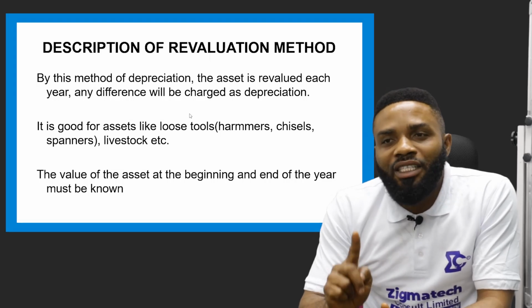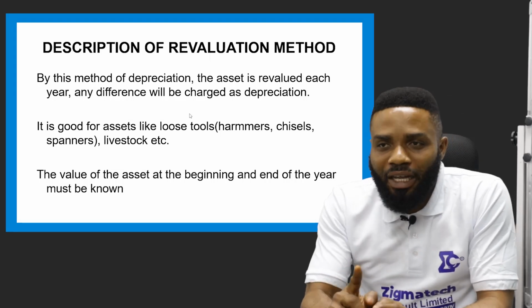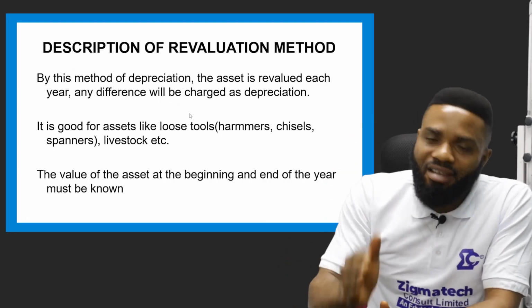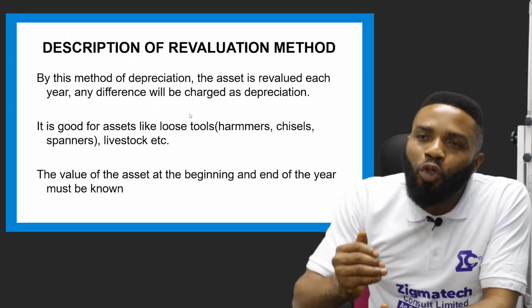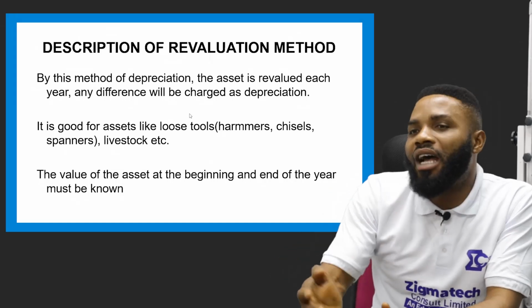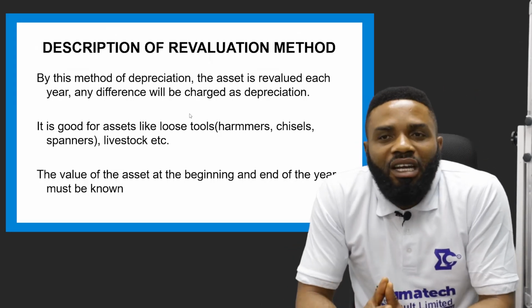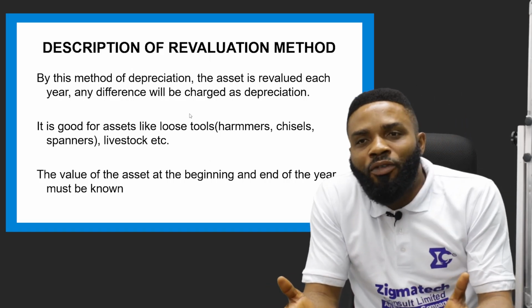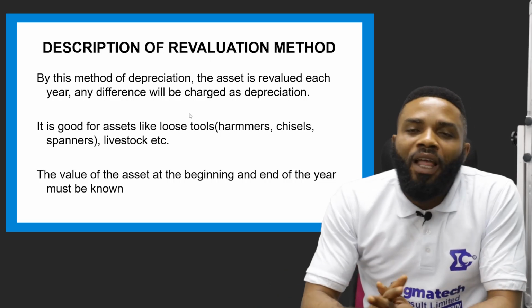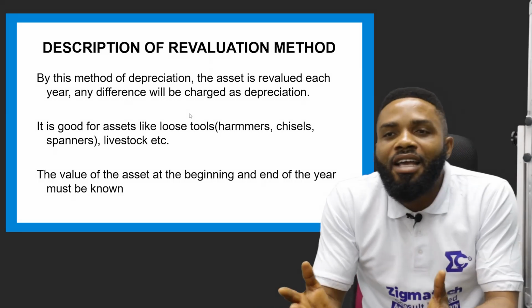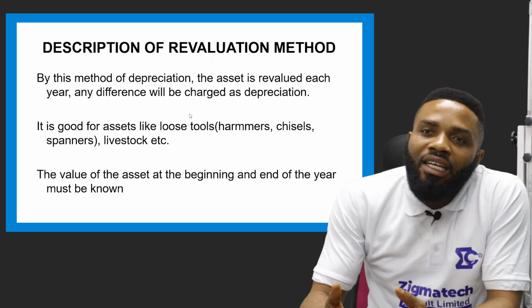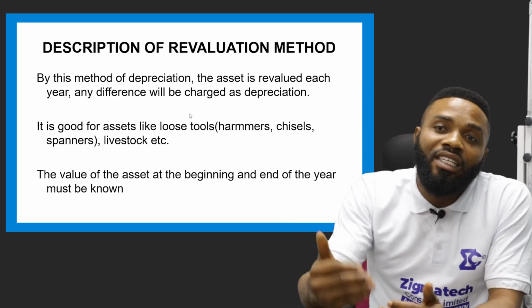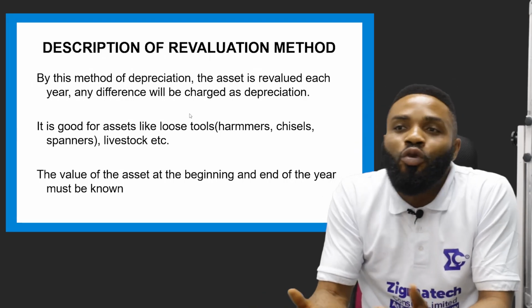Now, there is one fundamental truth that I want to establish here. Every asset, no matter how strong that asset is, companies should be able to predict the lifespan of that asset. Even humanity, there is nobody that can live forever. For the Christian faithful, we know that the highest you can live is 140. If not, by 80, 90, 120, that's what we call life expectancy. At a certain level, it is expected that you begin to grow old.